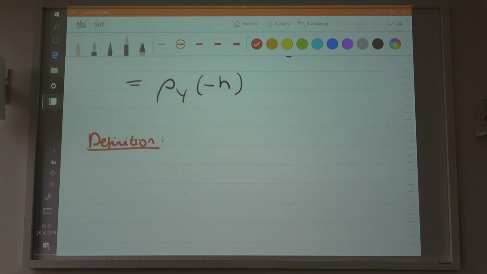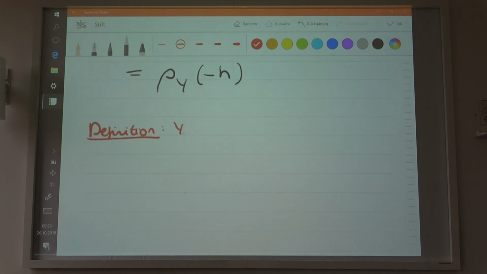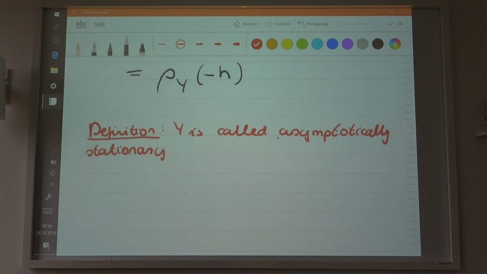A process y is called asymptotically stationary, and here, of course, in a weak sense too, if y is stationary in the long run.